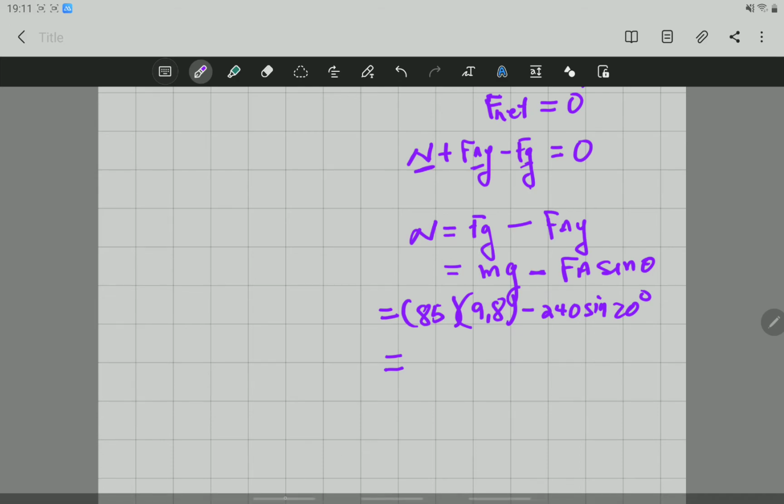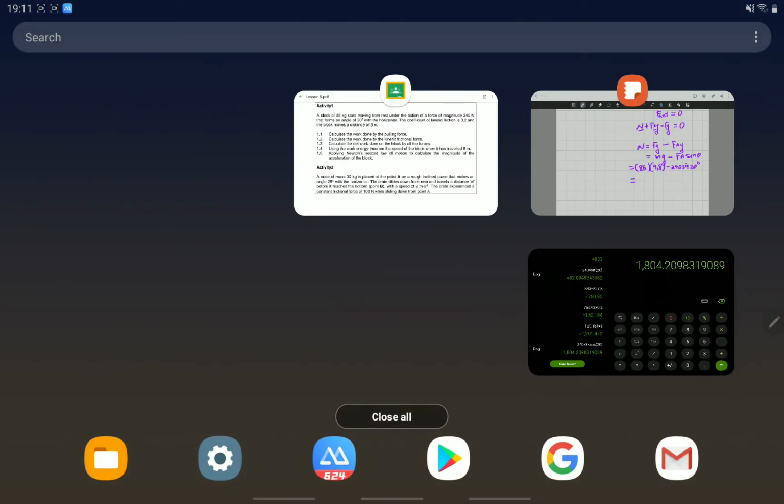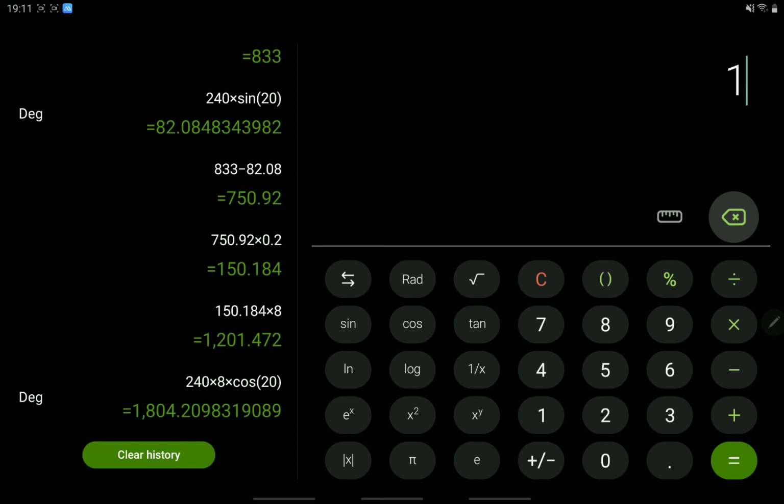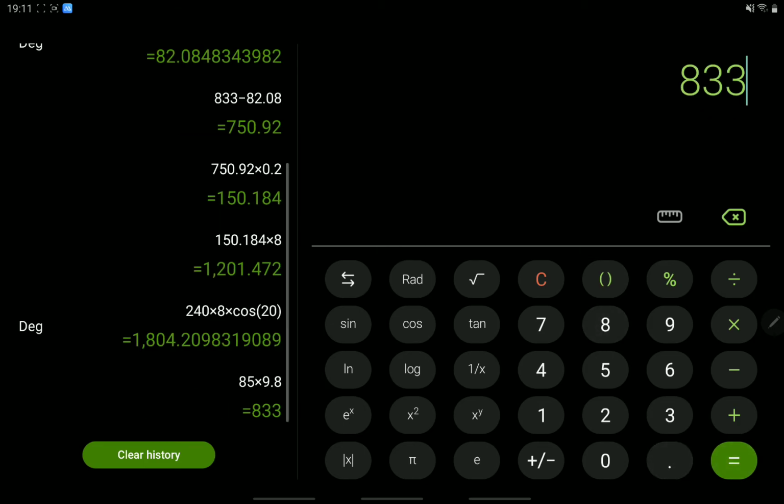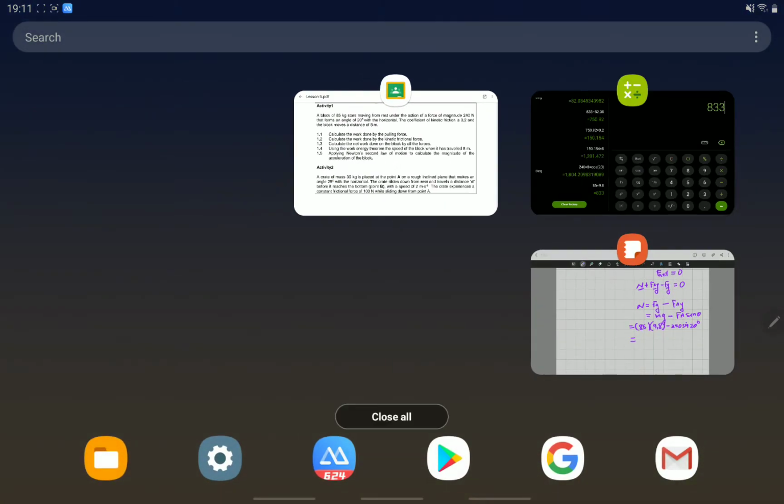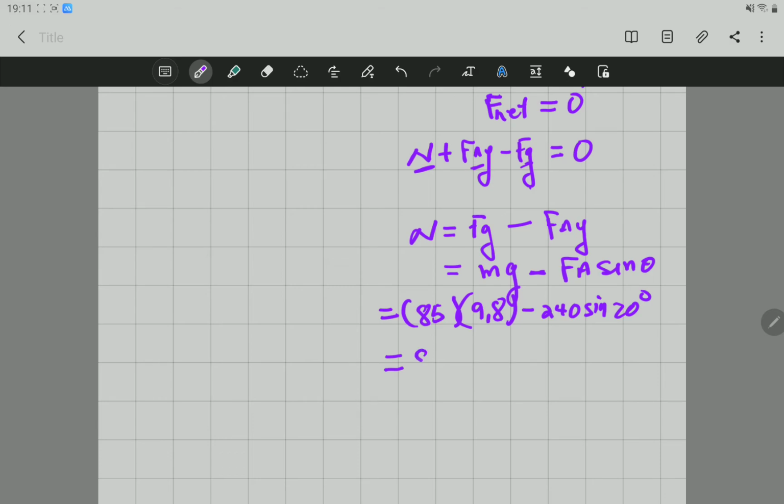So let's first have the product of 85 times 9.8. Let's go to our calculator. 85 times 9.8 is equal to 833. So it's 833 minus the product of 240 sine 20.